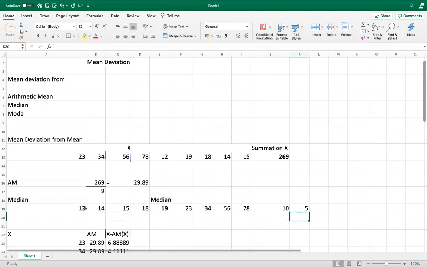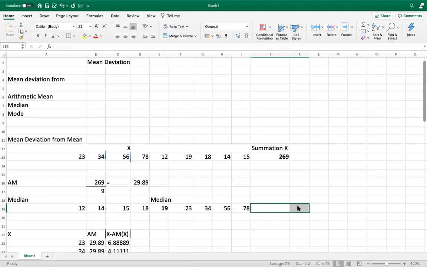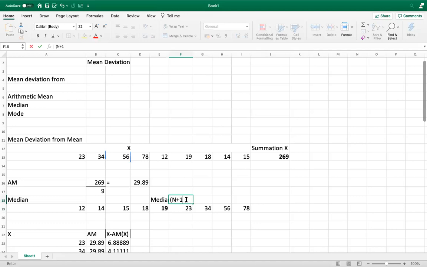Fifth value कौन सा है? 1, 2, 3, 4, 5. Fifth value is my median. Are you following, all of you? Yes.